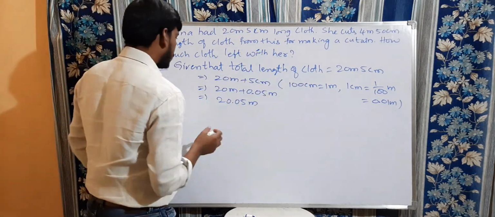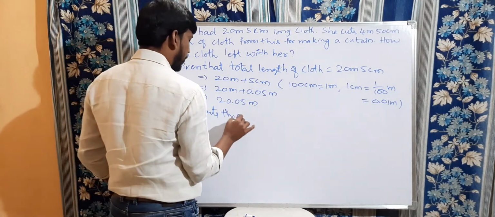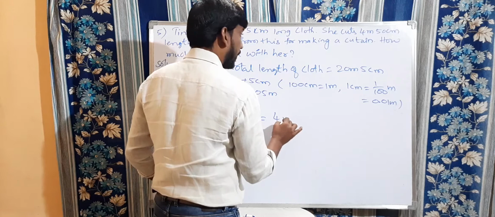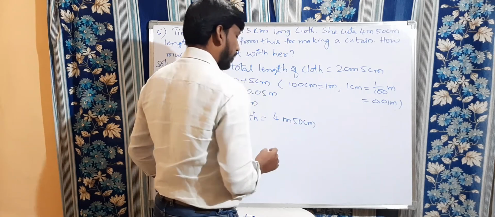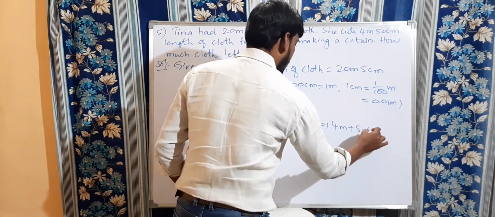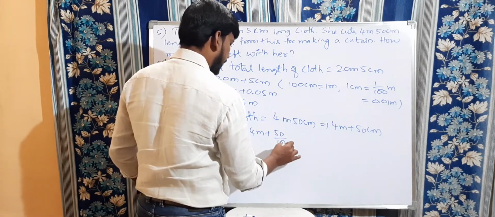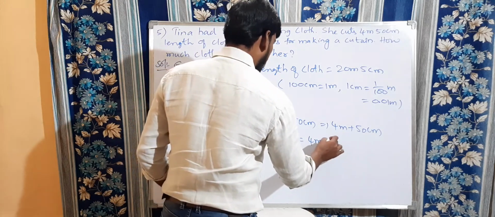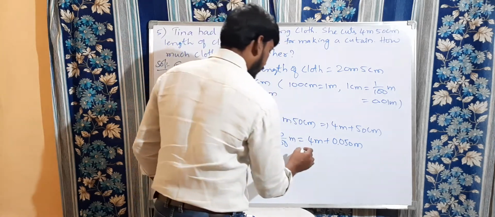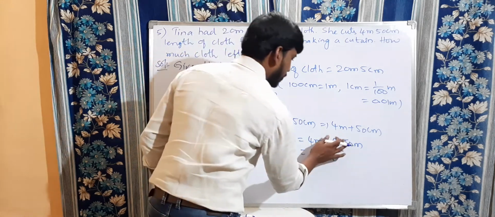Now next, Tina cuts the cloth. How much cloth did she cut for making a curtain? That is 4 meters 50 centimeters. Clear? So now that is 4 meters plus 50 by 100 meters, which is equal to 4 meters plus 0.50 meters.